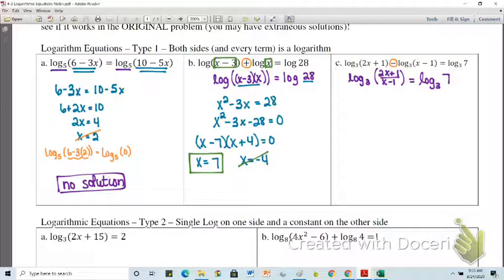Now that I have it down into one log equals another log, I set those equal. So I have 2x plus 1 over x minus 1 equals 7. I need to move that x minus 1 over to the other side, so I'm going to multiply by it. Those cancel. I get 2x plus 1 equals 7x minus 7. Subtract 2x.